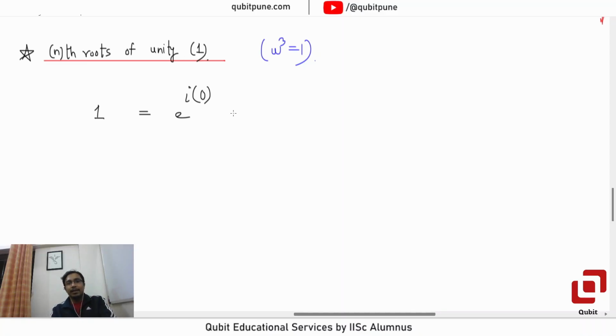Now we will use the periodicity of trigonometric functions, and let's say 2 pi k, where k is any natural number.